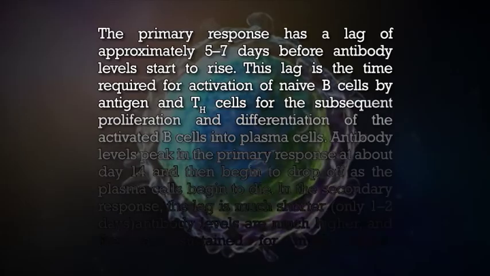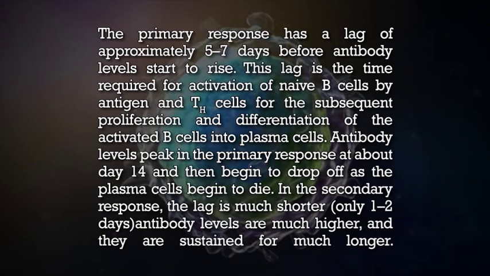In the humoral branch of the immune system, antigen induces the clonal proliferation of B lymphocytes into antibody-secreting plasma cells and memory B cells. The primary response has a lag of approximately 5 to 7 days before antibody levels start to rise.